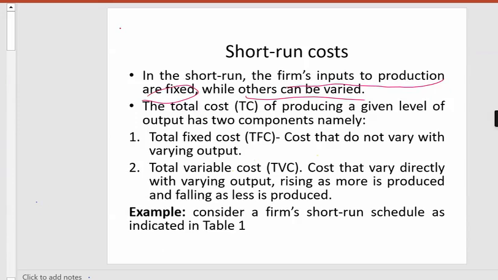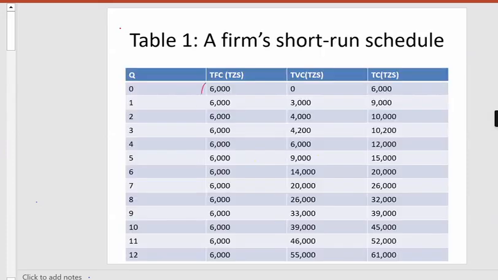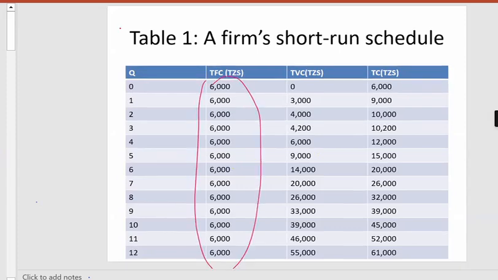Kwa hiyo mara nyingi tunapo consider the short run cost, you have to consider both. One variable, other variables must be fixed. Kwa mfano inaweza ikawa ardhi, it can be capital, those are fixed as we have seen here. If it is a fixed cost, initially you need to invest, right?